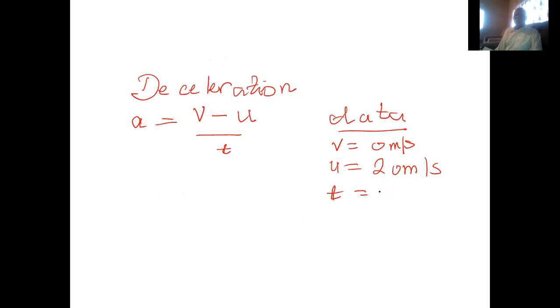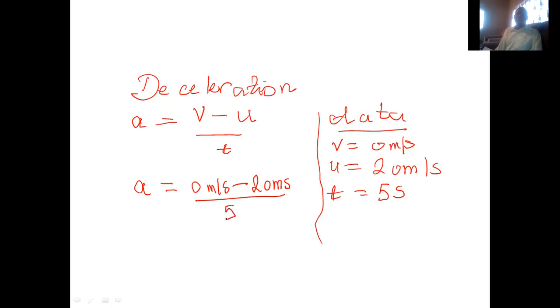So we may substitute in our equation. Our final velocity is 0 meters per second minus our initial velocity of 20 meters per second, over the time, which is 5 seconds.